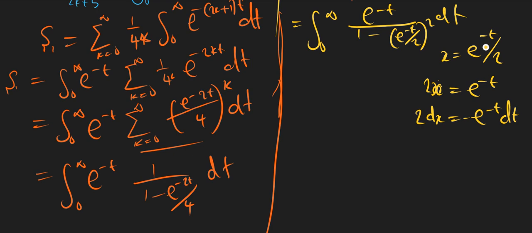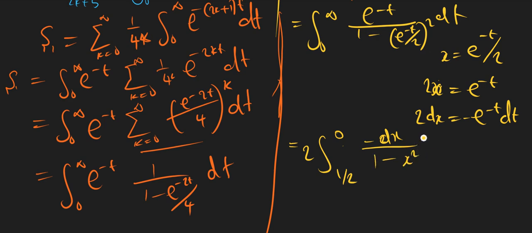Notice that when t is 0, x is going to be half, and when t is infinity, x is going to be 0. So this is twice the integral from half up until 0 of negative dx all divided by 1 minus x squared.